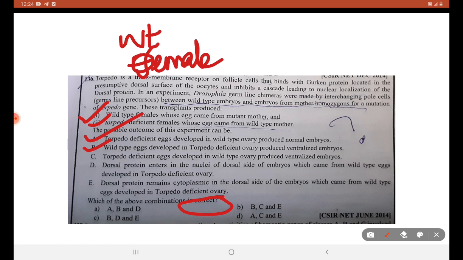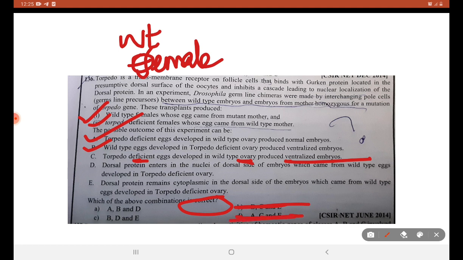Correct. Torpedo deficient eggs developed in wild type ovary produce ventralized embryo. No, the egg is torpedo deficient, but the ovary is wild type, so it will be normal. It will not form a ventralized embryo. C is not right.